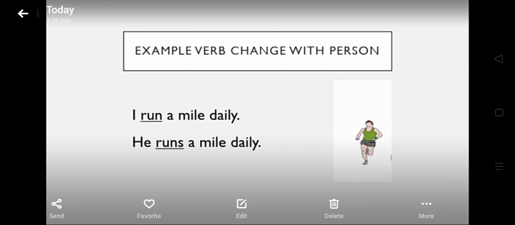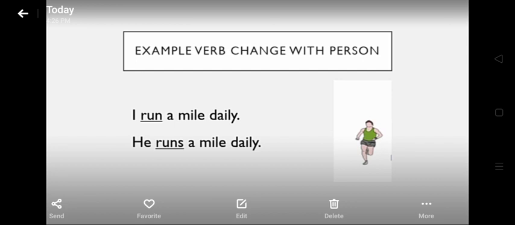For example, I run a mile daily. In the first example, we have the subject I, which is in the first person. Since it is in the first person, the verb is run: I run a mile daily.